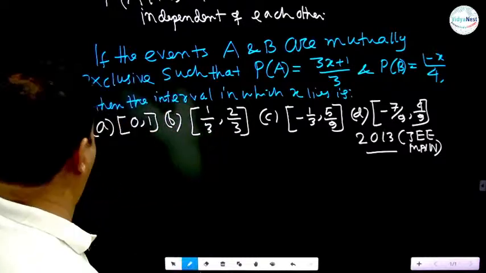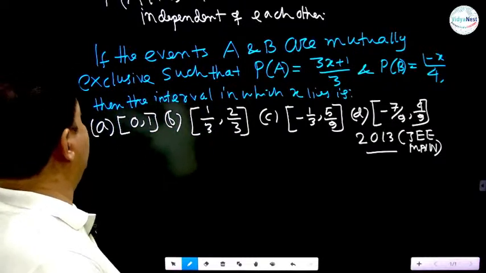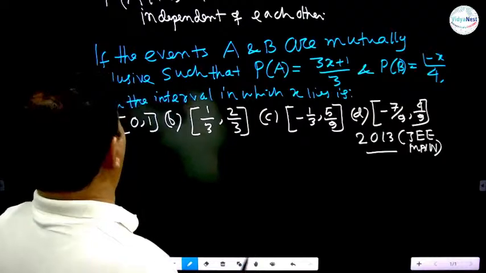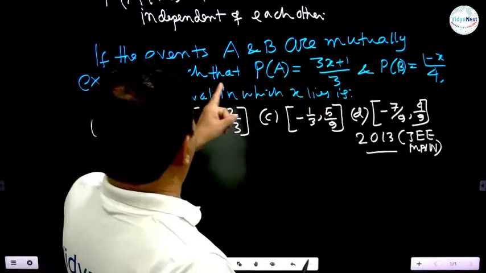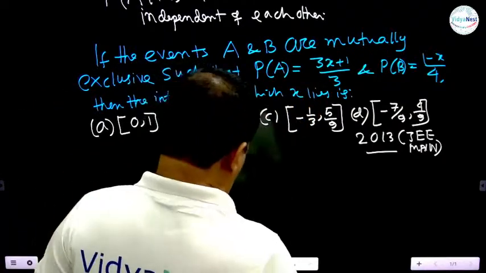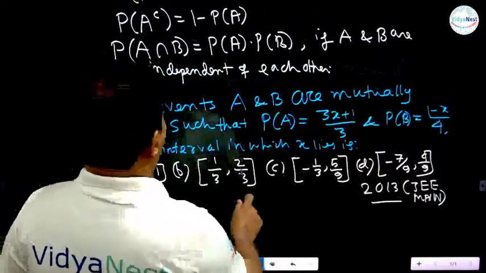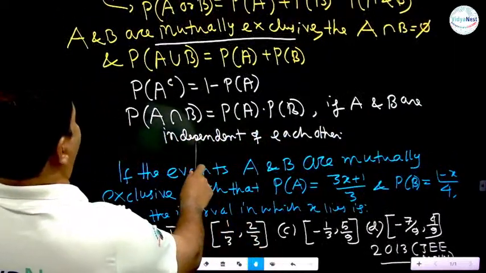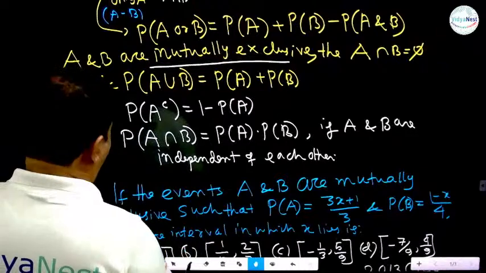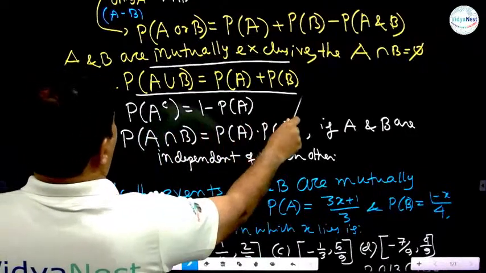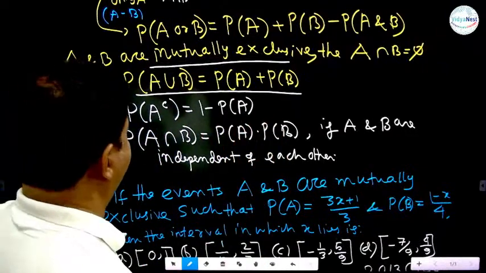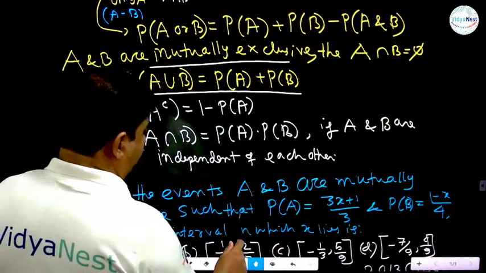Okay sir. So here, what is given? A and B are mutually exclusive. So what property of mutual exclusiveness have we just got? P(A union B) is equal to P(A) plus P(B).